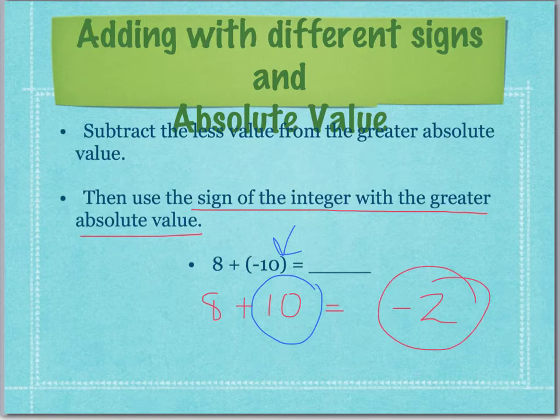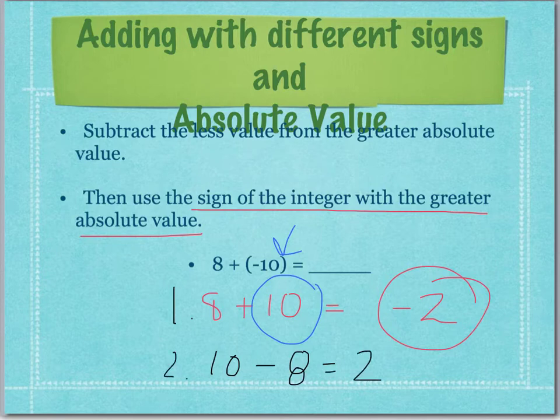So again, if we go through the steps, first thing is step 1, you're going to find the absolute value. Step 2, you're going to subtract the lesser value from the greater value. So we did 10 minus 8 equals 2. That's step 2.